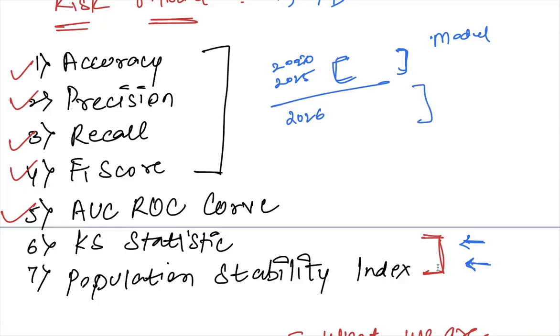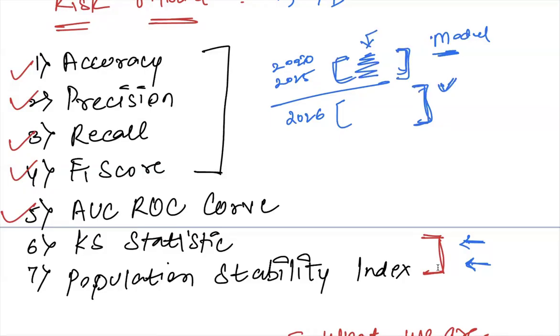A lot of times what happens is the behavior of this population changes, and that's why the model that you have built using this data is not applicable for 2026.